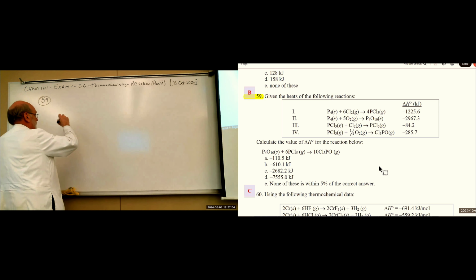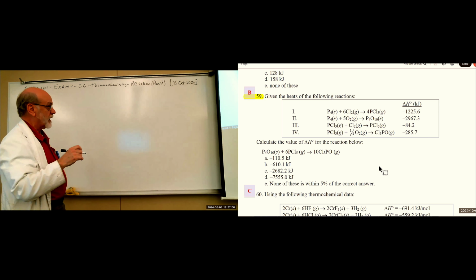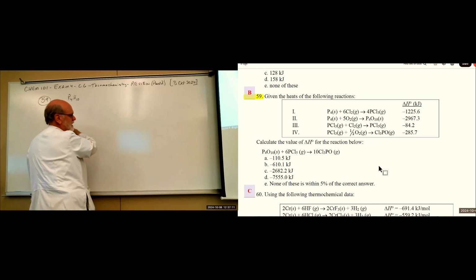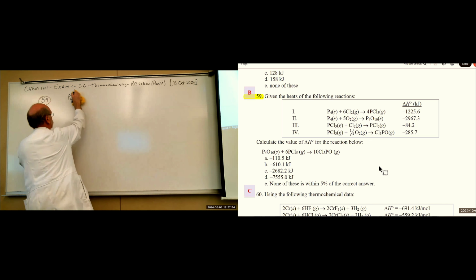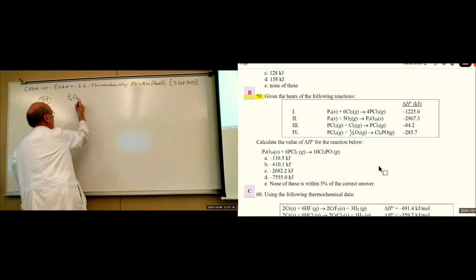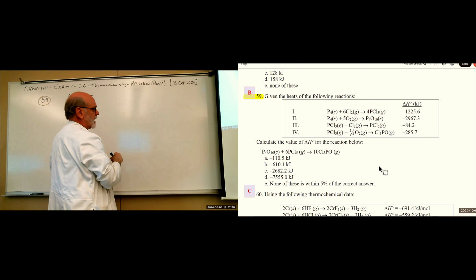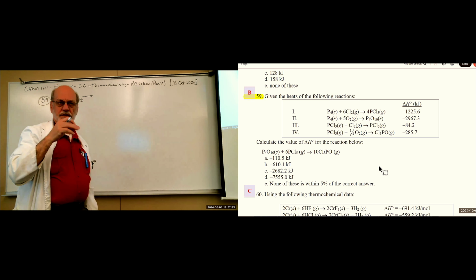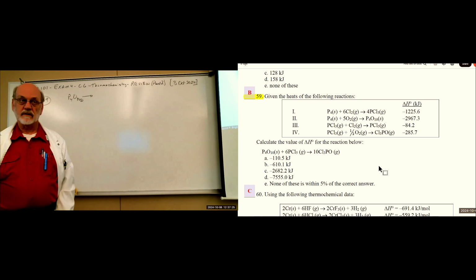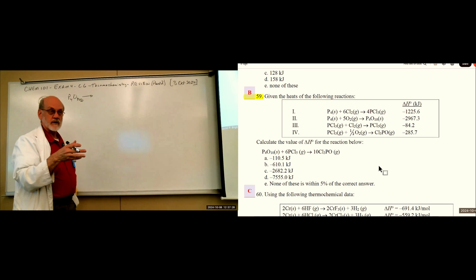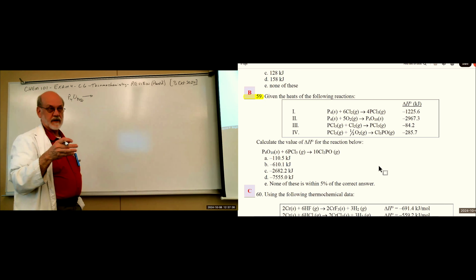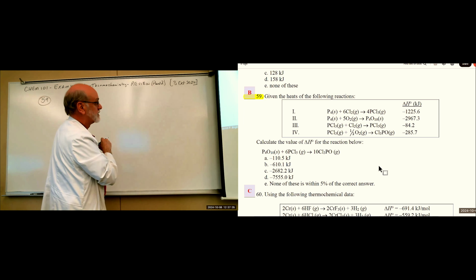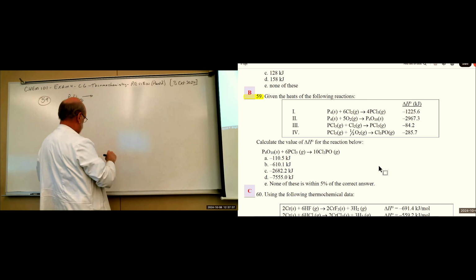All right, so I put the target equation on top right up here. P4O10, sorry. And that's a solid. When we use Hess's law, the state sometimes is important, because when you go from one state to another, you get a difference in enthalpies. So we have to put the state up there just to be kosher.